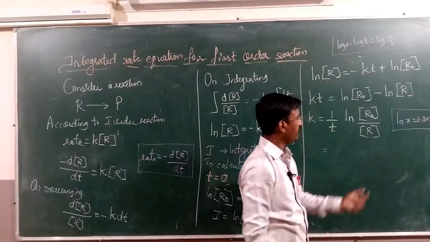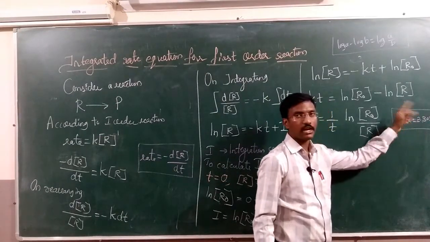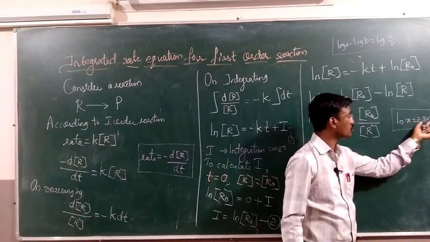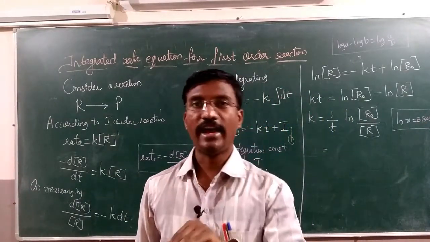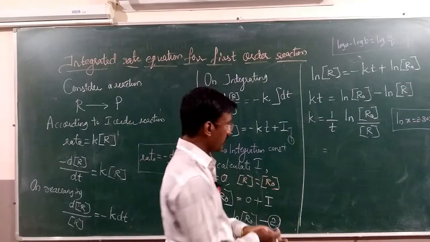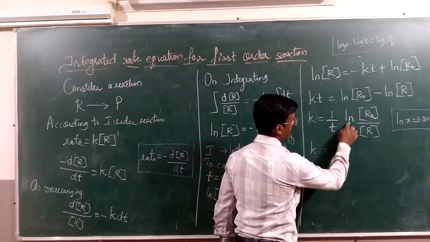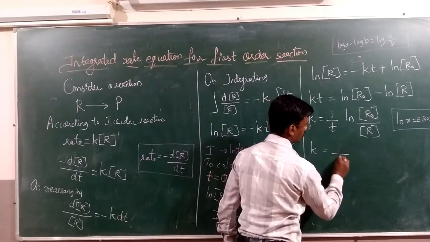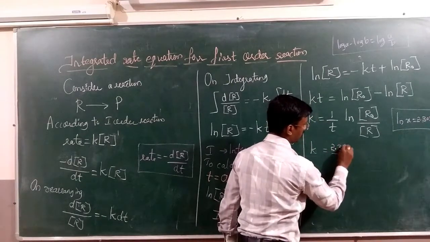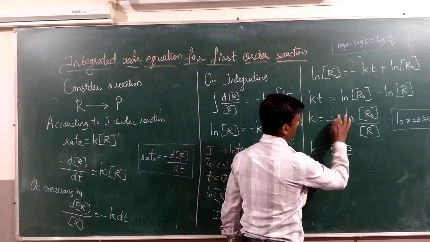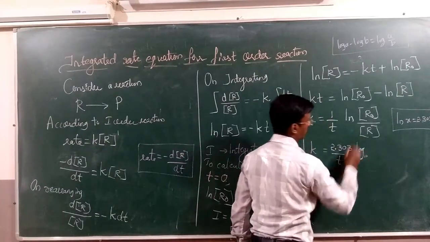To any ln value, ln x, generally I am taking ln x, to make it log x, we have to multiply by 2.303. It is a constant term. It is the conversion of ln to log. Therefore, here we are converting k as 1 by t, to convert ln into log, 2.303 divided by t. Ln becomes log to the base 10.